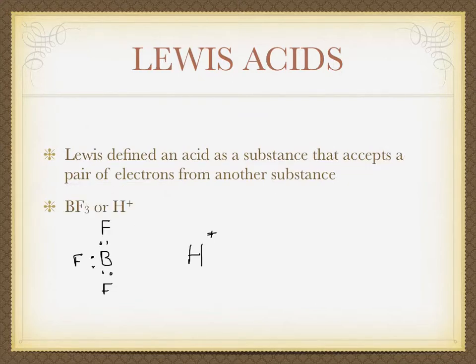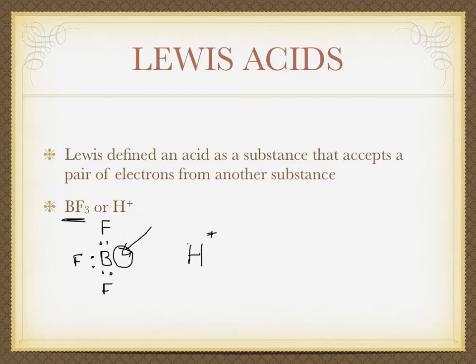Let's take a look at this, and this is what allows you to add in a few other ideas. For instance, BF3 would never be considered an acid in either of the other two, but according to Lewis, because there's an empty spot there, it could gain some electrons, and if there's space for it to gain electrons, then that could be an acid.